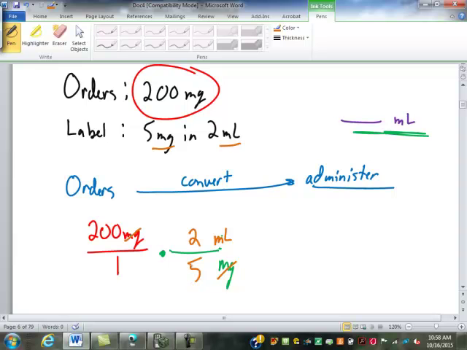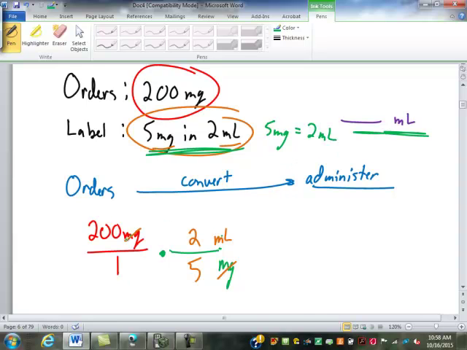Now notice, normally we would write that as 5 milligrams over 2 milliliters, but we had to write it upside down because that's where we need it to cancel out the right units. So it's the units that determine where things go, not just the simple ratio. What this is really telling us is that 5 milligrams of medication is equal to 2 milliliters of the solution.